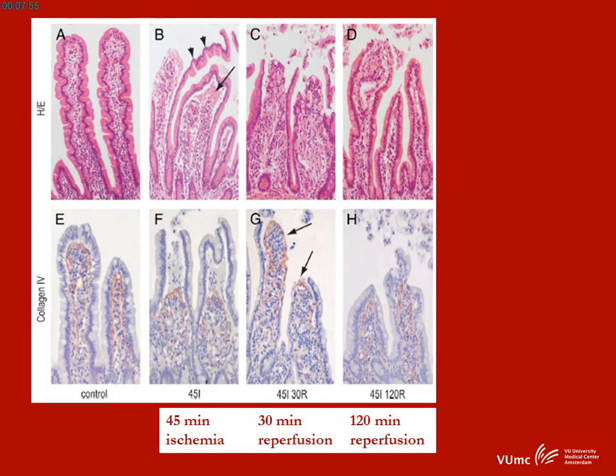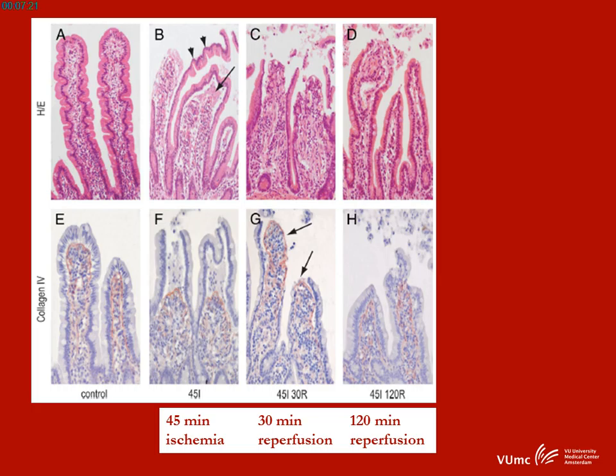And they found, there are beautiful photos in that study, that the mucosa cells loosened, and there were spaces between the mucosa cells and the deeper layers after 45 minutes of ischemia, and there was a loss of mucosa cells into the lumen, and after reperfusion there was only partial recovery after 120 minutes of reperfusion.